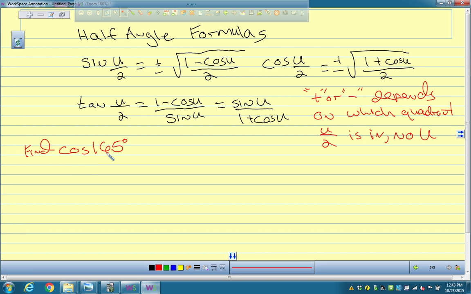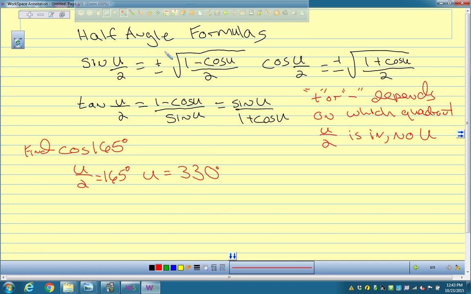But in this case you use the half angle formulas by calling u over 2 equal to 165. If u over 2 is 165, then u is 330 degrees. And then I just plug into this formula right here.